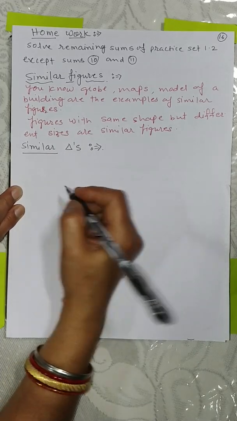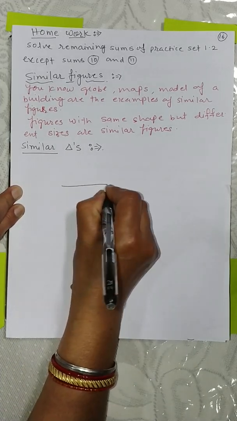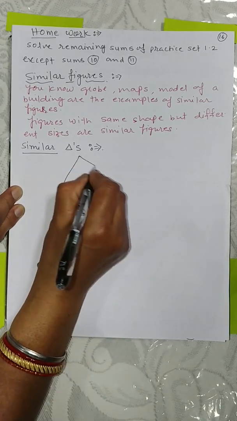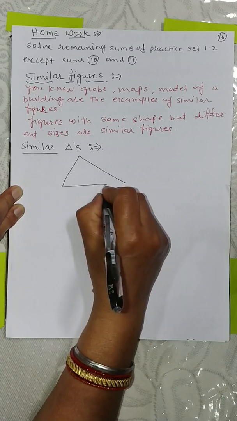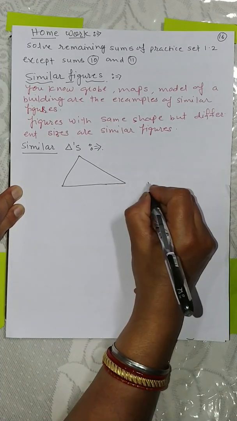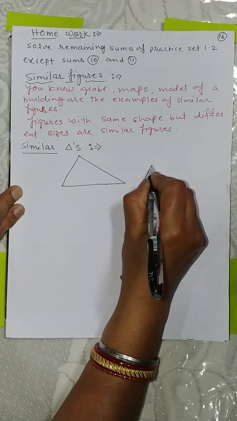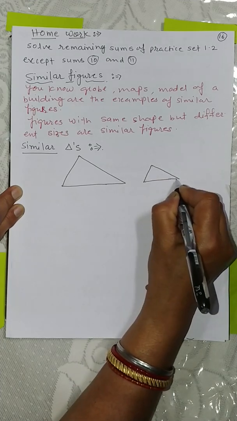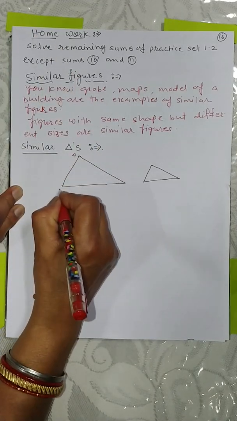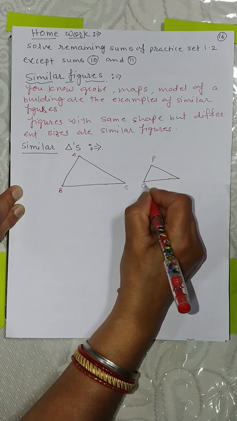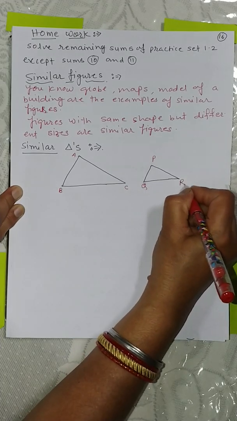Now suppose we consider these two triangles. Suppose this is one triangle and this is another triangle. Suppose this is triangle ABC and this is triangle PQR.